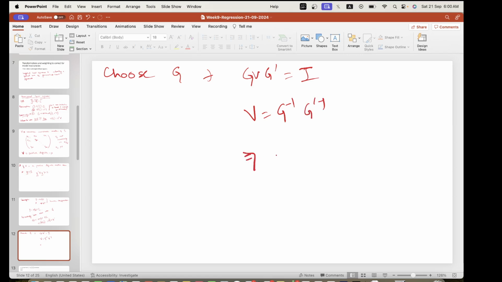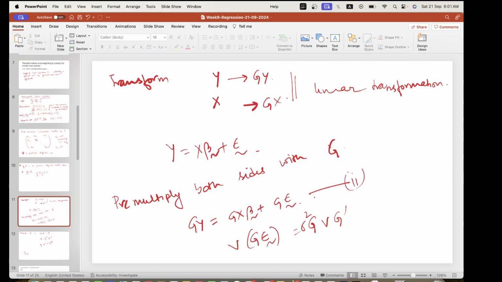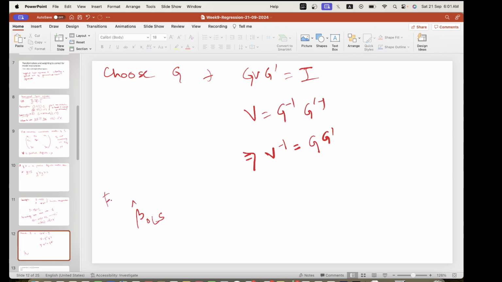So that implies V inverse is equal to G transpose G. Now if this is the case, then from equation 2 we have beta hat OLS, or rather beta hat GLS, because this is transformed.